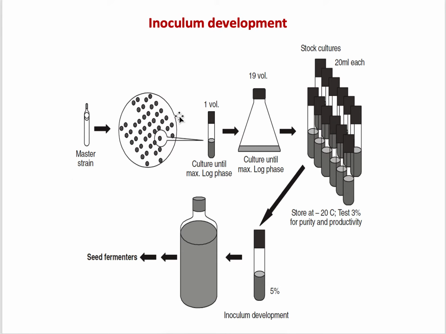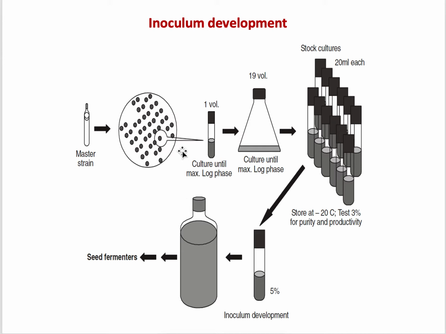So first we culture them in enriched culture media, then we culture them in liquid broth. And we culture them under those conditions for that time so that the maximum cells are in log phase.